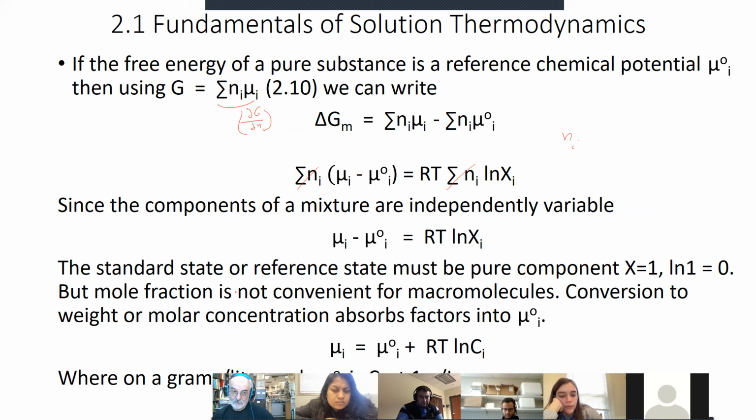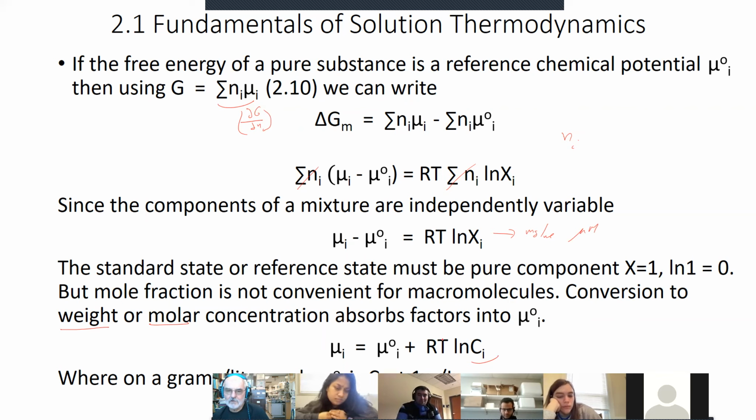Mole fraction, as I've already said, is not really convenient for biochemistry. So we can convert arbitrarily to any weight or any concentration unit we want. We can absorb whatever the factor is to make that math work. How does this become mgs per mil? Or how does this become molar? And we could use that unit. In this case, it's grams per liter.